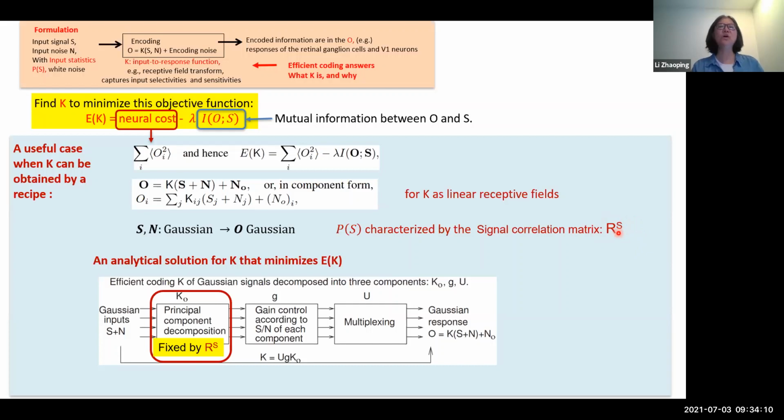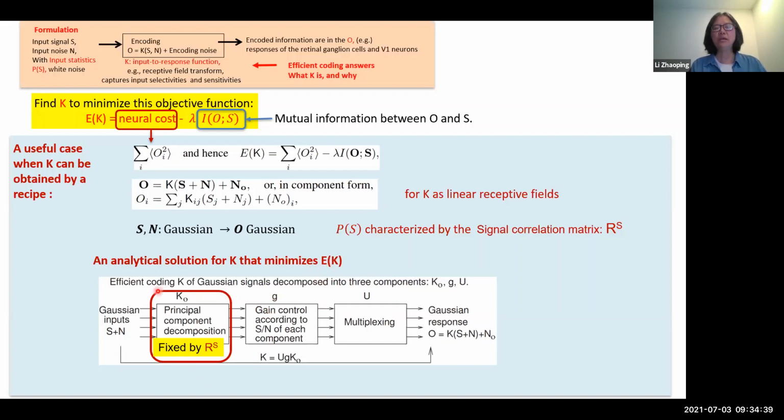So if your signal is just two-dimensional, left eye, right eye, this is a 2x2 matrix. If your signal is 1 million pixels, this is a 1 million by 1 million correlation matrix. Correlation everybody can do, including experimentalists. You can have two neurons correlate, two pixels correlate. So all you need is this correlation matrix. Given the correlation matrix, you can do PCA and you can get that. That's the first step.